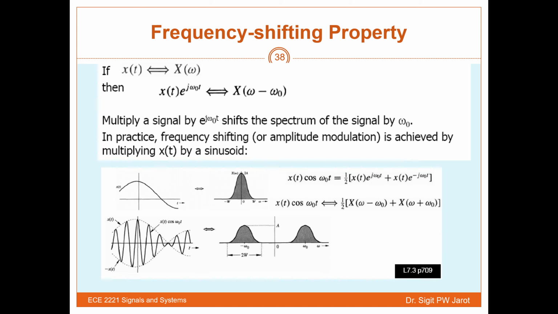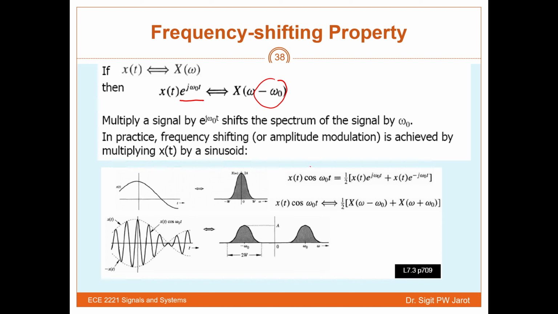For the frequency shifting, it's the same. If a function is multiplied by e to the j omega naught t, in the frequency domain we have to shift it by omega naught. In this function we have x(t) cos omega naught t.